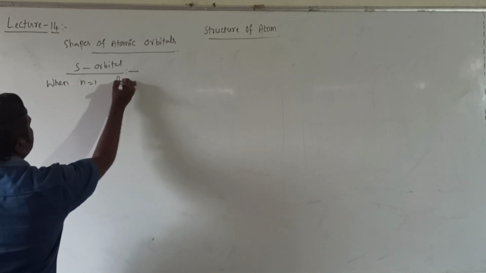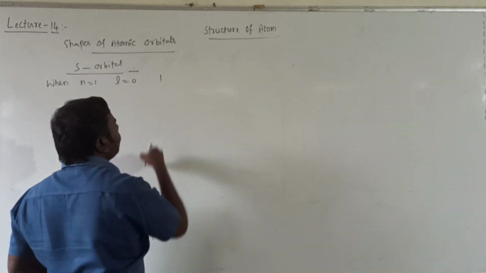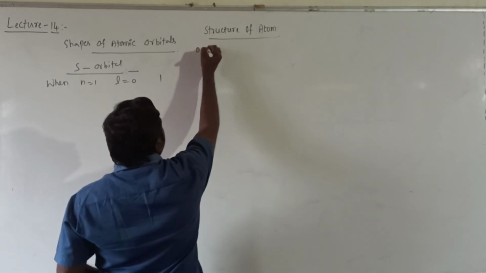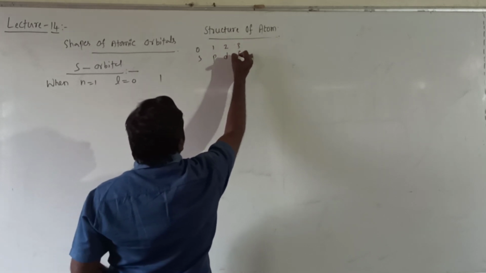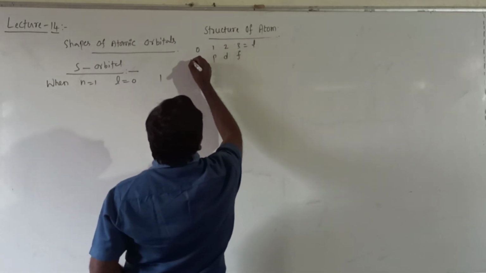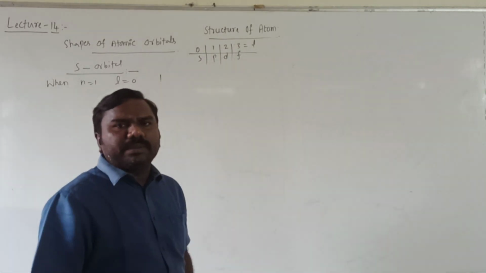Now, when n equal to 1, L equal to 0. N equal to 1 means that is 1, L 0 means 0, 1, 2, 3. So this is S, P, D, F. These are L values. Clear? Just remember this step.